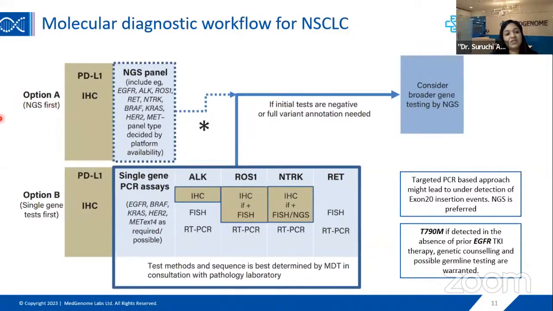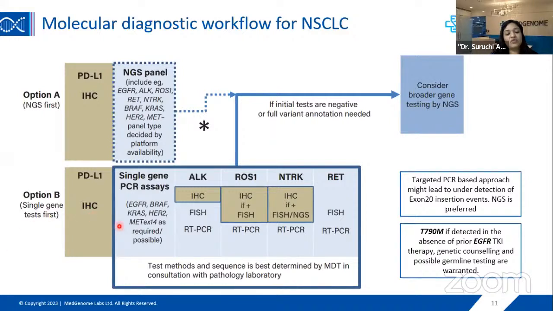Option A, which I think is now being adopted by most clinicians, is PDL1 IHC plus a broad NGS panel, including most of the druggable targets that are present in NCCN guidelines or standard guidelines. And then if it is negative or in advanced settings, other comprehensive genomic profiling to understand TMB, MSI, and other tumor agnostic biomarkers.